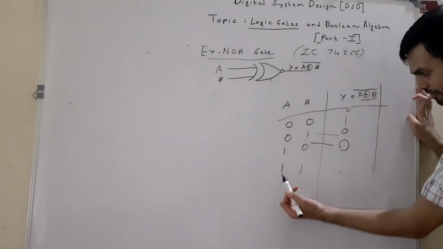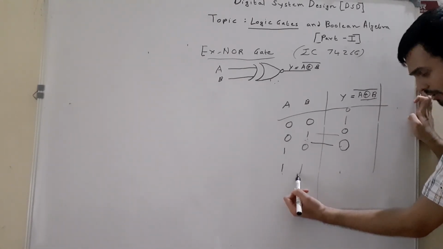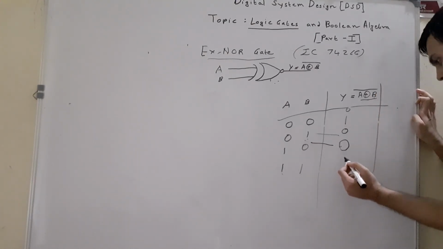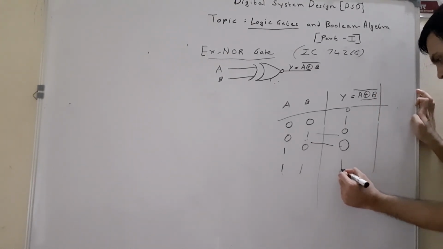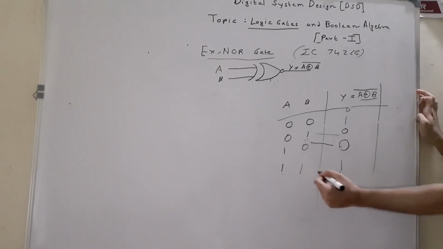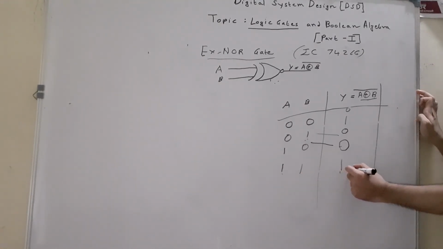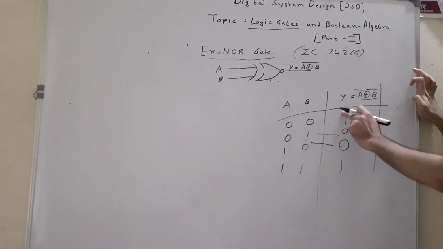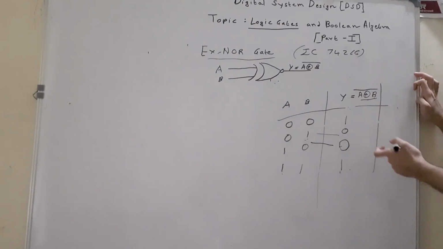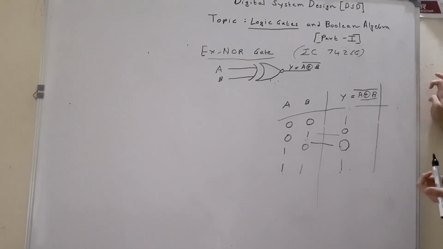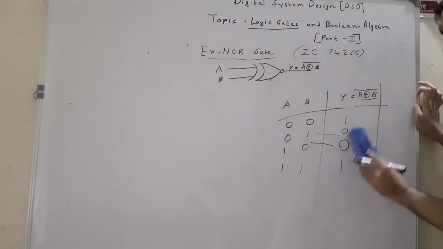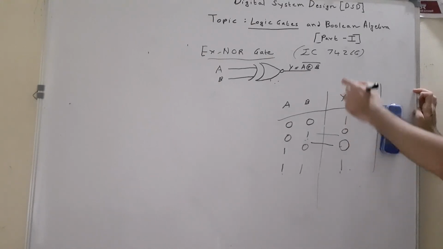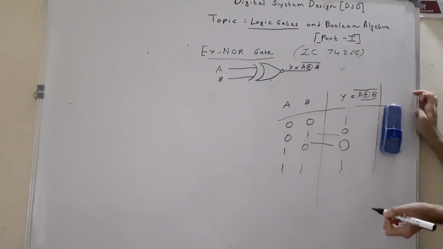Now the last combination we are having 1 XOR 1 will be 0, but we are going to take its complement. That's why what is complement of 0? 1. So this will be 1 XNOR 1 and the output will be 1. So as you can see, the output present over here is completely the complement of your XOR gate. So this is its truth table. So XOR's complement is nothing but XNOR gate.